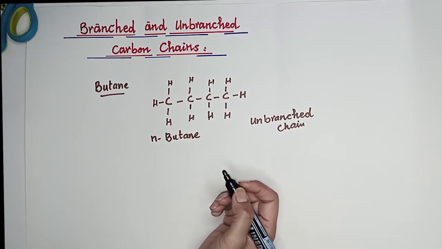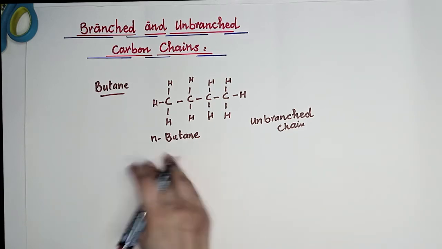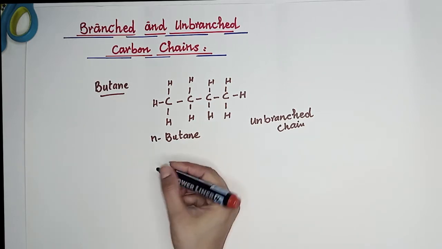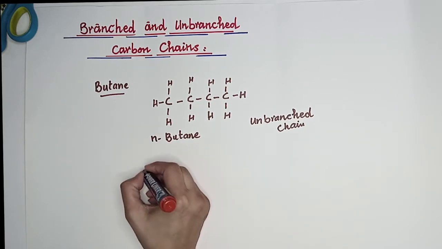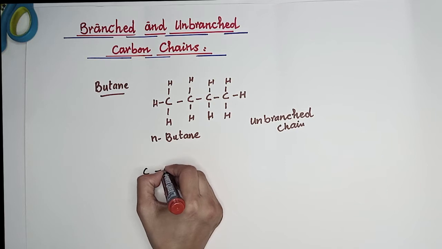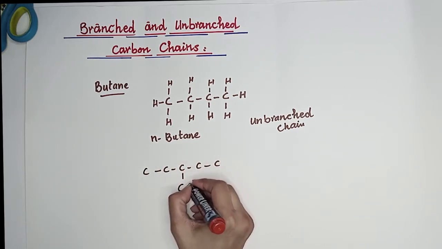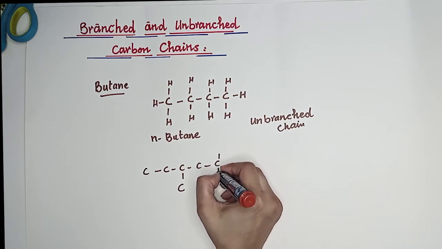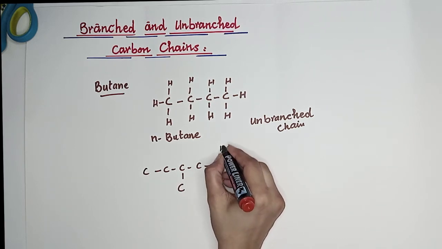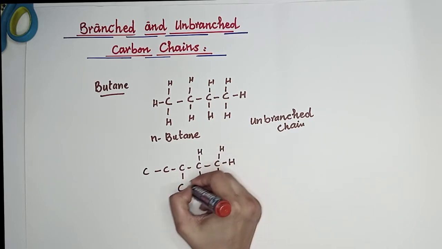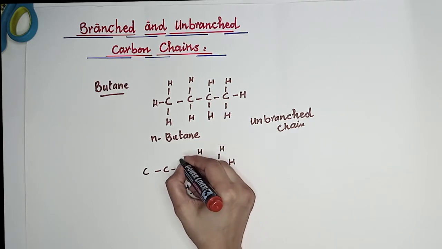If we have pentane, again we will write a straight chain of pentane. If there is a change in the position, like 1, 2, 3, and we get a carbon atom like this, CH3 is here.